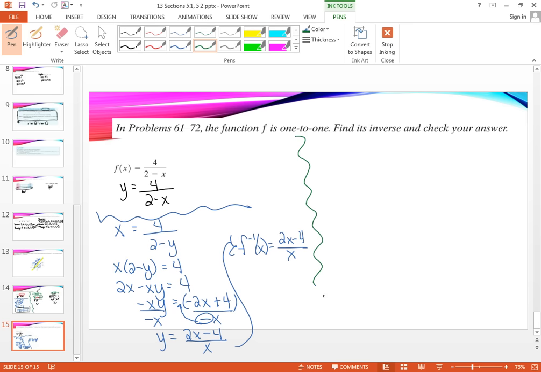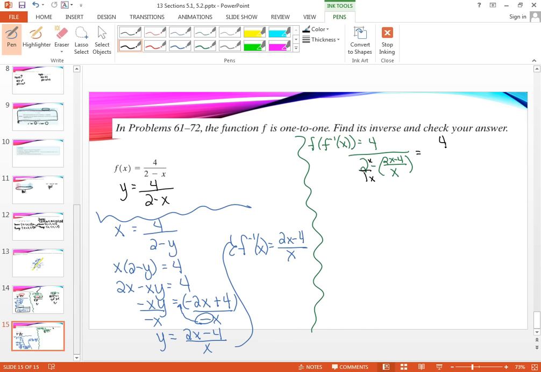Okay. All right, now we've got to do the checking stuff, right? So let's do f of f inverse of x first. So f is 4 over 2 minus something. The something is supposed to be the 2x minus 4 over x. Okay, so you've got to get a common denominator. 2 over 1 minus 2x minus 4 over x. Common denominator is an x.